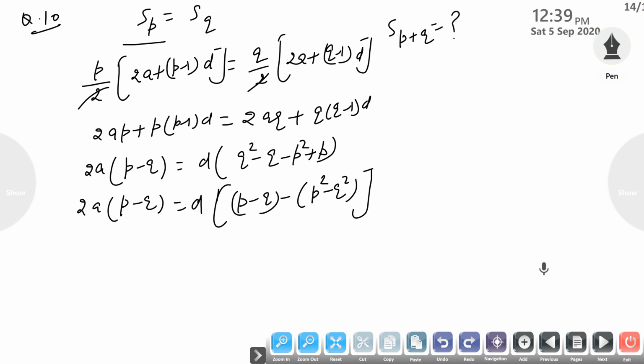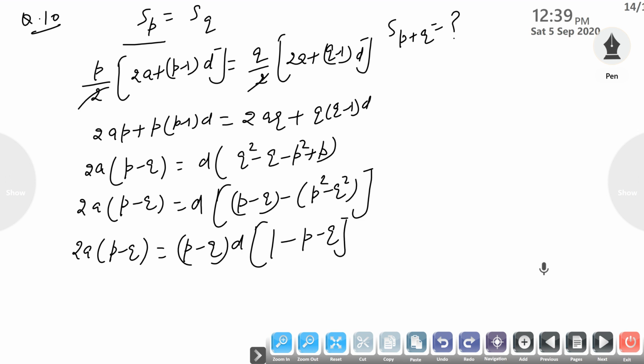Taking minus as common and factorizing this, taking common factor p minus q, we get 2a into p minus q equal to p minus q into d into 1 minus p minus q. Then 2a equal to d into 1 minus p minus q. This is the relation between a and d.